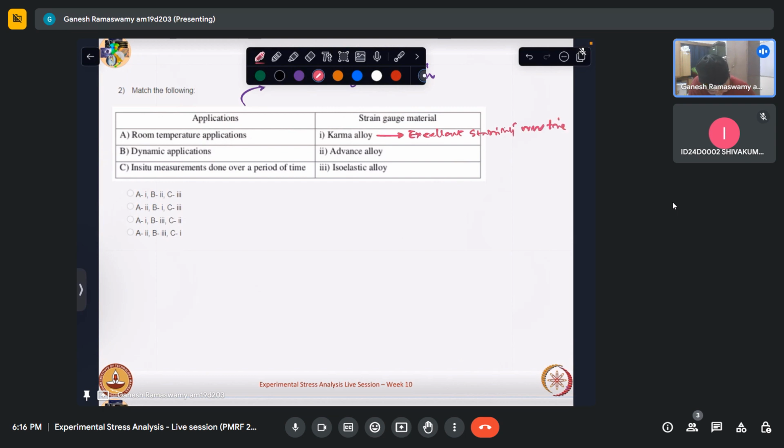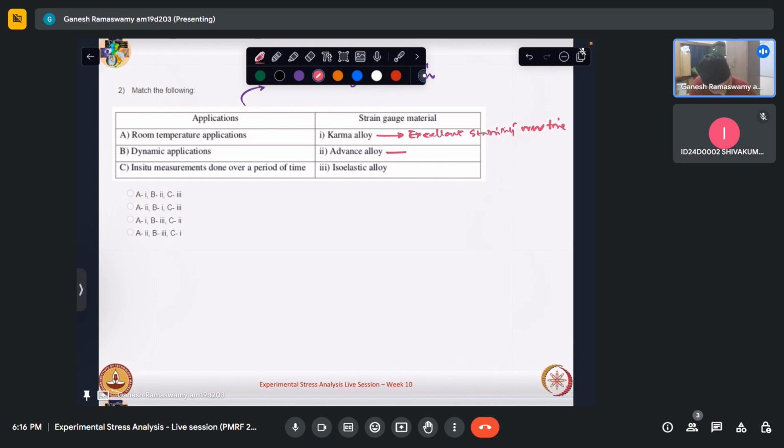So, naturally, it is suitable for making measurements where in situ measurements have to be made over long periods of time, for example, health monitoring of bridges and so on. So there this is suitable.